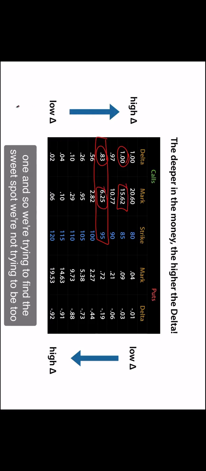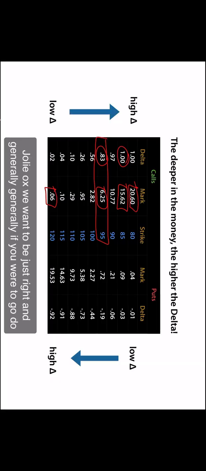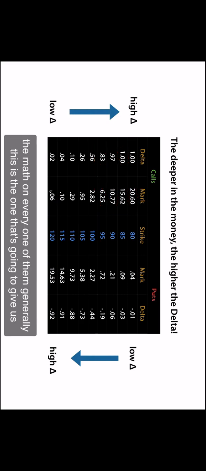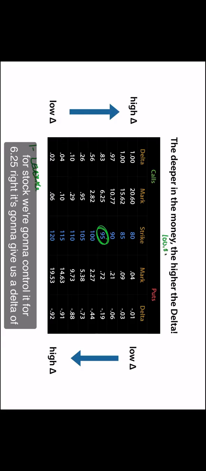So we're trying to find the sweet spot. We're not trying to be too cheap, Goldilocks. We're not trying to be too expensive. We want to be just right. Generally, if you do the math on every one of them, this is the one that's going to give us, number one, great leverage, because we're not going to pay $100.52 for stock.